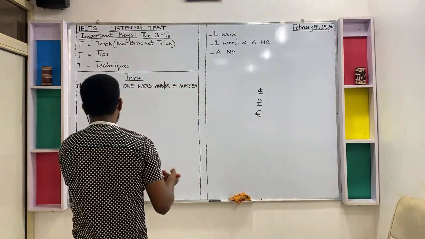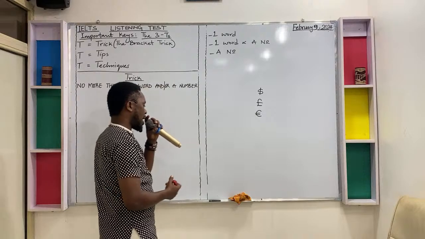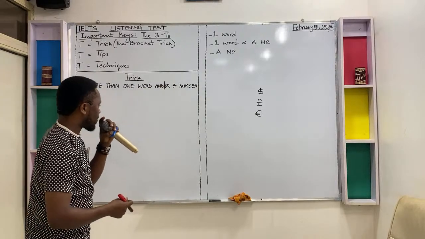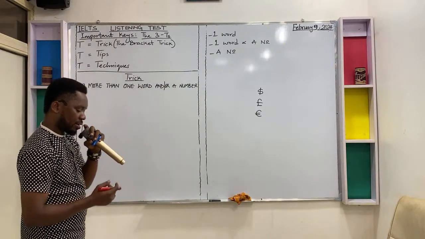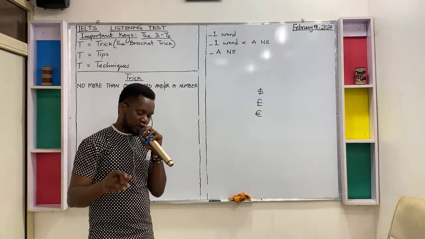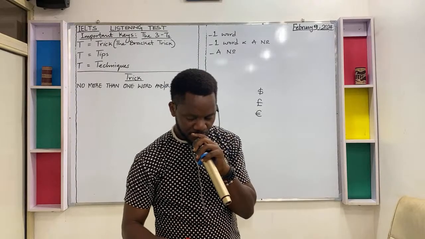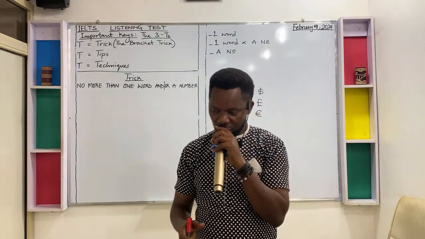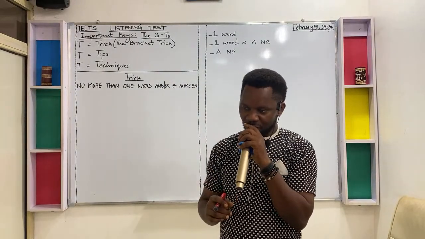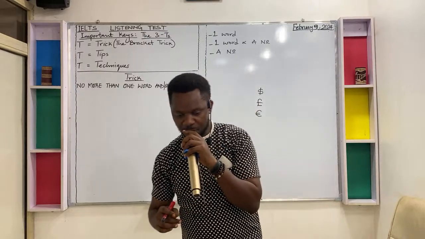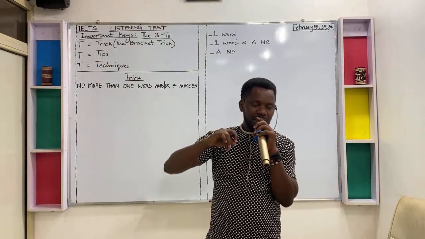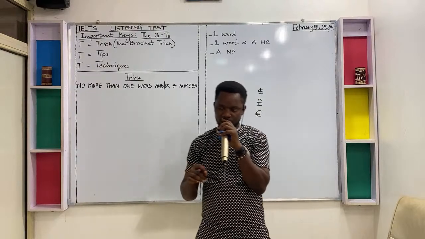Okay, so let's understand how the trick should come in. When you read a question and you see that it involves money, you need to listen to the audio attentively. Read the question alongside the audio that you're listening to.